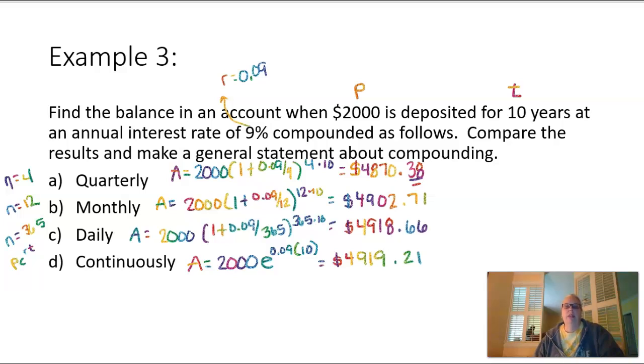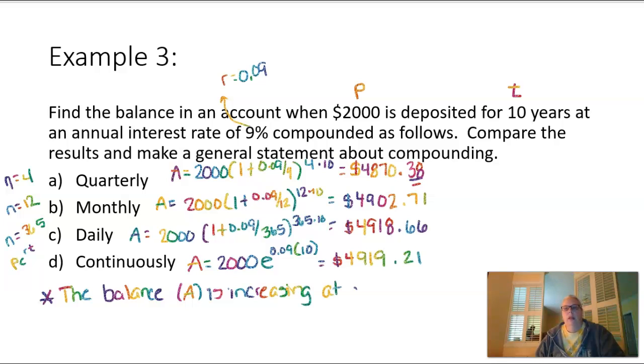Okay, so this kind of goes back to something I said earlier, and that is the fact that the balance, or A, is increasing at a decreasing rate as N increases.